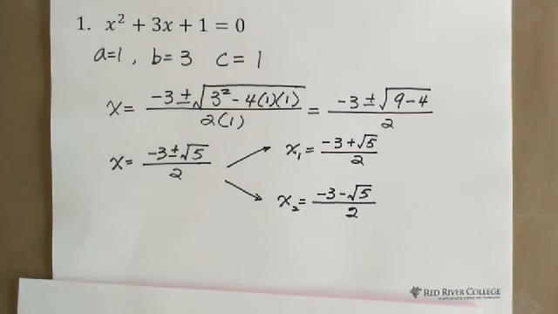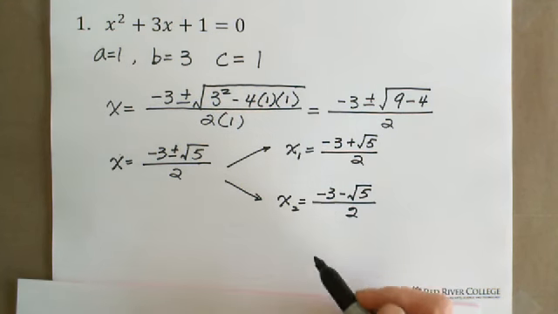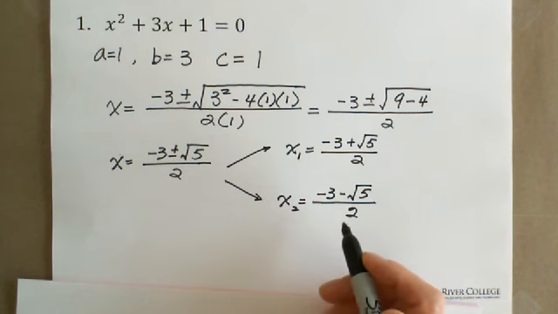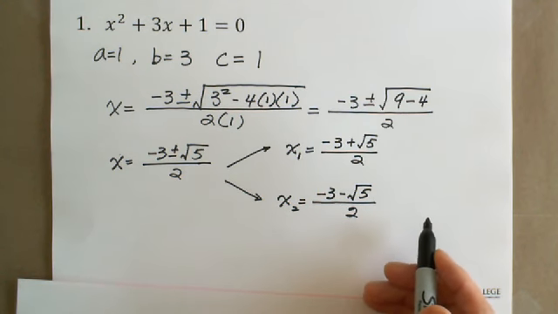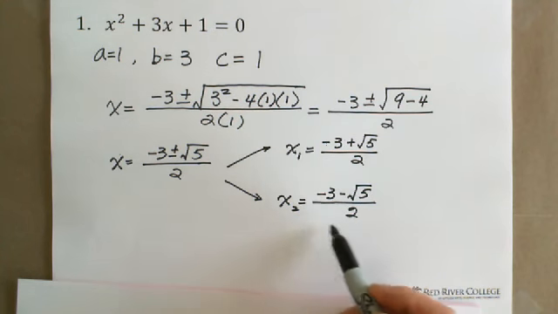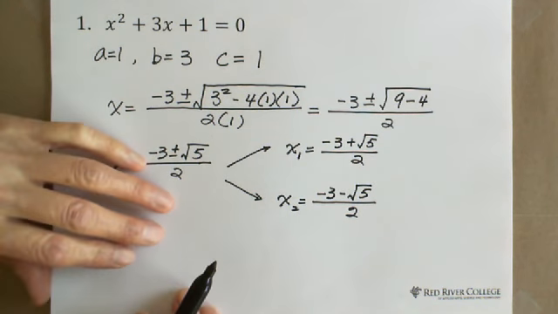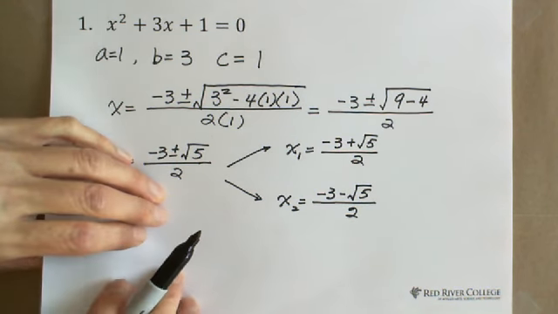Some questions ask you to solve this quadratic equation and find the exact answer. That means they want you to keep this form. They don't want the approximate decimal number. They want exact. You just give them this answer. So this is the first example.